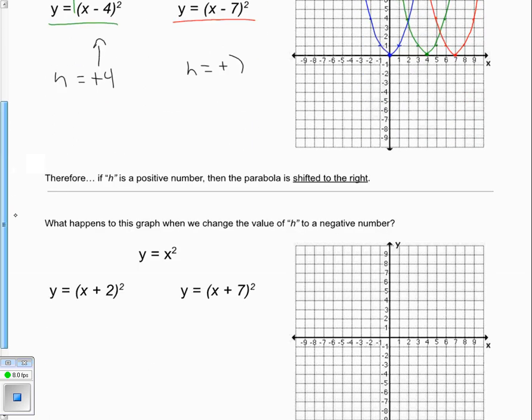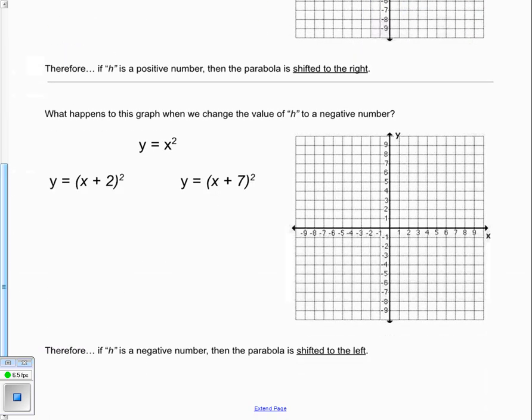So if we extend this a little further, what happens when the h value ends up being a negative number? Again, if we graph the parent form of the parabola, we see that we have a vertex that starts at 0, 0, or at the origin. And then using our step pattern, it ends up looking like this.